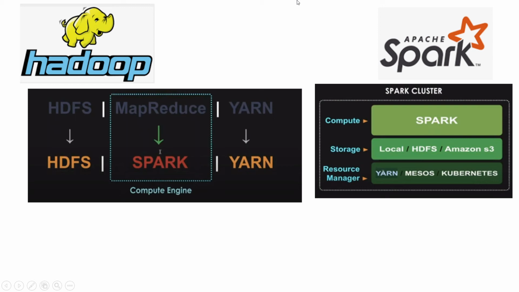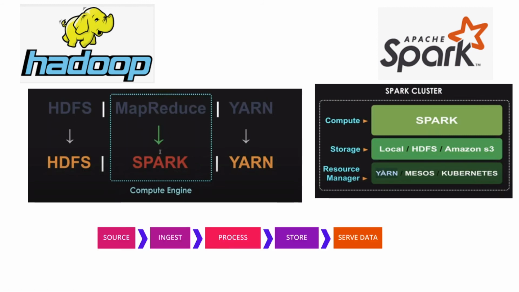Instead, we are replacing only the compute engine, MapReduce, with Spark, correct? The whole Hadoop system is not replaced, only MapReduce is replaced with Spark. So comparing Hadoop and Spark is not a valid comparison. Yes, if we compare Spark with MapReduce, it's a valid comparison.